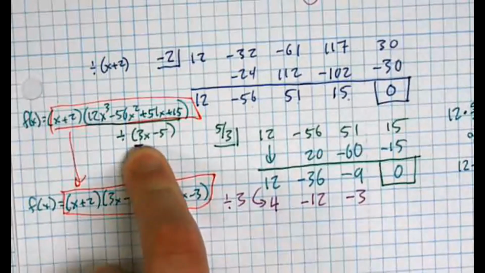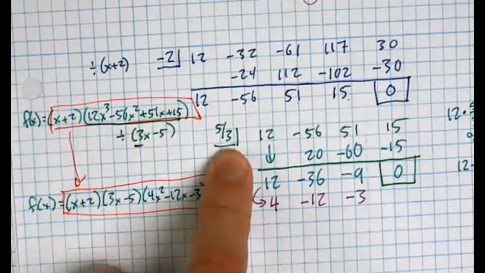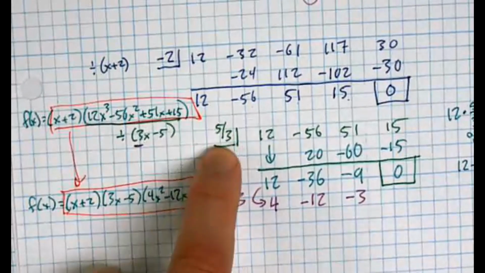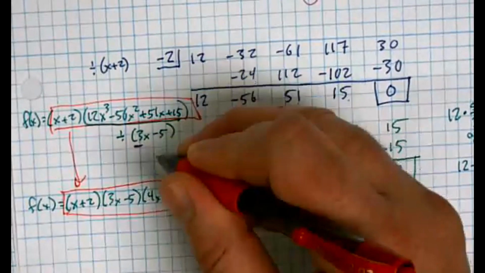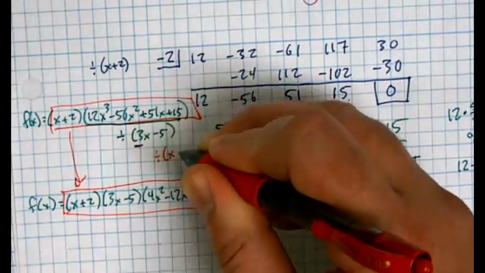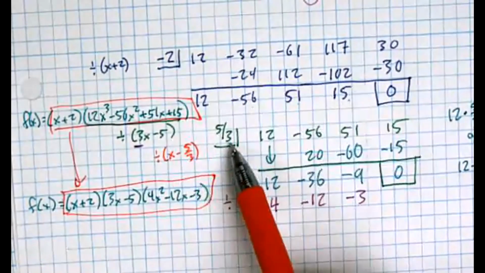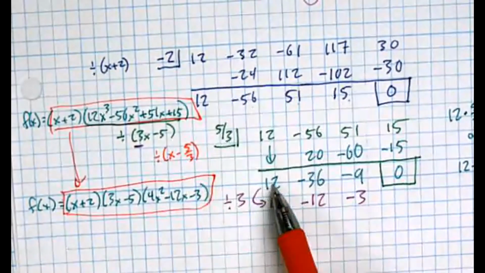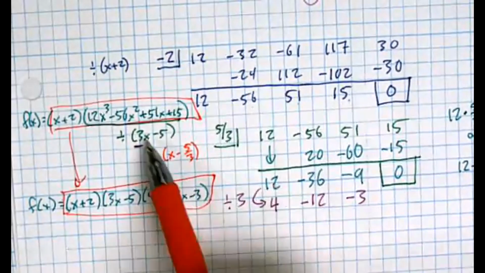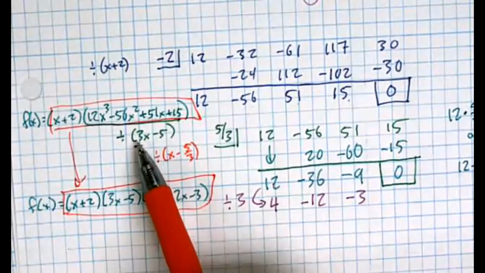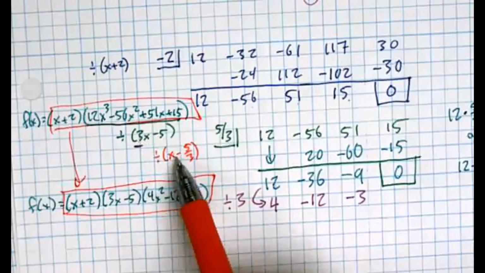Okay, so technically, whenever you do this synthetic division, you're dividing by x minus whatever's in the box. So we did not divide by this. We technically divided by x minus 5 over 3 when we did this. And we got this stuff, and this is all right. It's just we didn't actually divide by what we wanted to. Now, what's the difference between these two things?